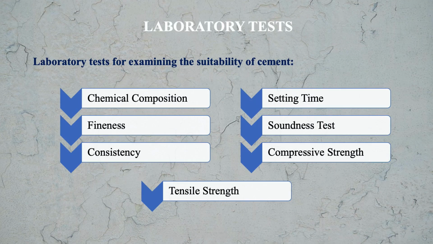Laboratory tests are done for examining the suitability of cement, and these tests are chemical composition, fineness of cement, consistency of cement, setting time of cement, soundness test, compressive strength of cement, and tensile strength of cement. These are the laboratory tests that are done on the cement.